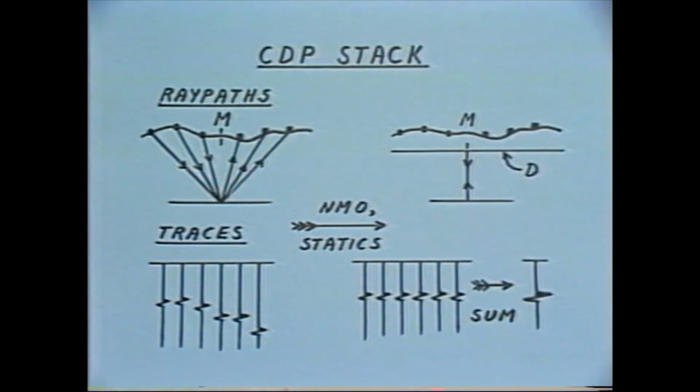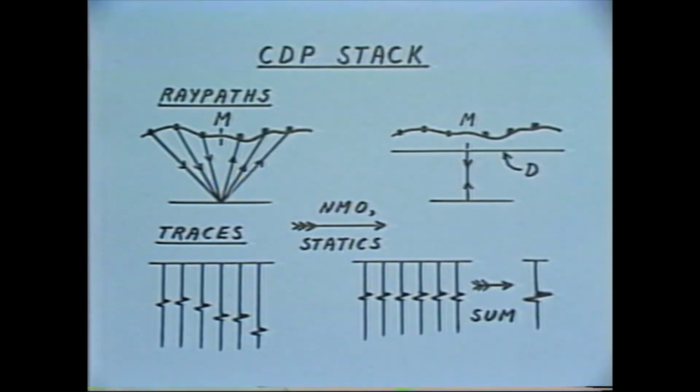Now the purpose of applying normal move-out corrections and static corrections to the sets of common depth point traces, in order to get all the primary reflection events at the same time across that set of traces, is to enable a process called common depth point stacking to be done.